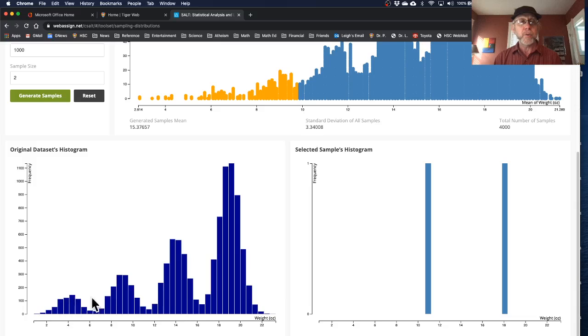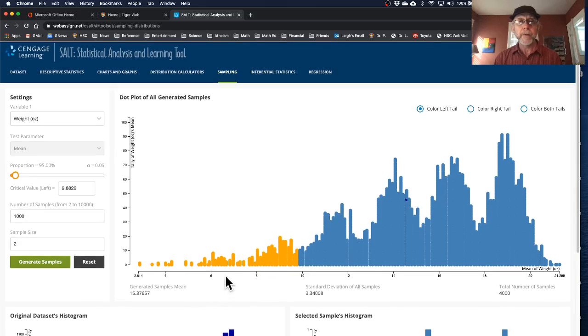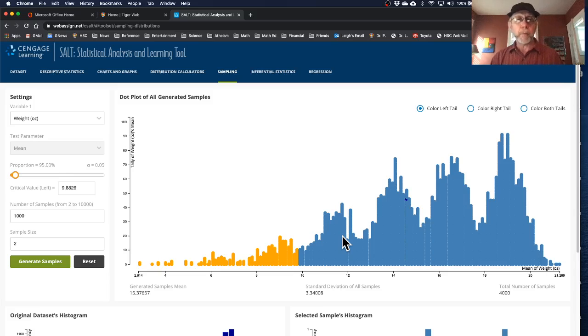Again, the distribution of the population of the individual fruit weights here, and the distribution of the sample means, the xBars here. But notice there's actually more than 4 peaks here. I'm counting 1, 2, 3, 4, 5, 6, and there may even be some more down here.